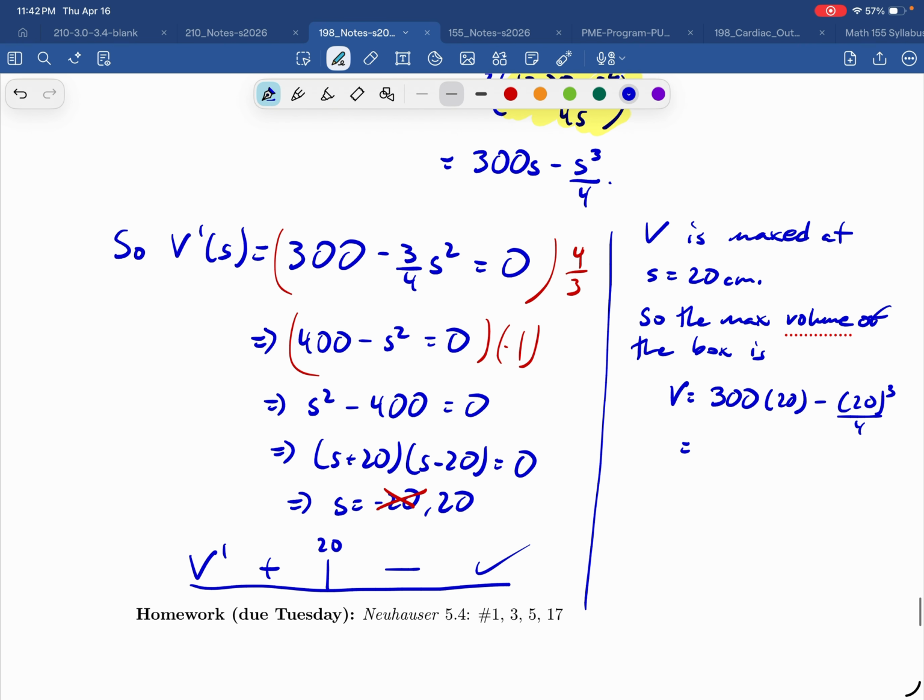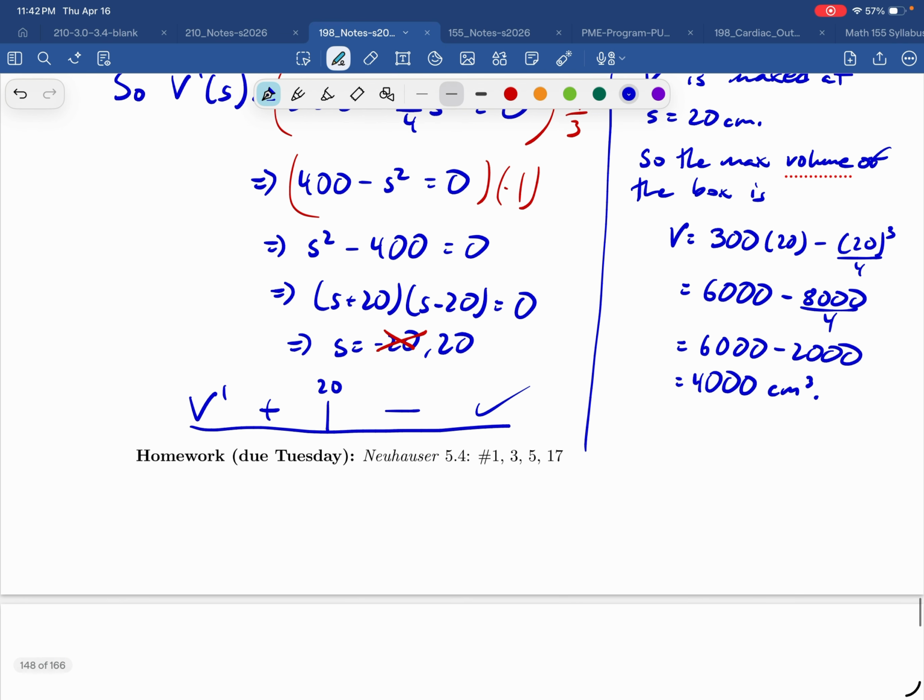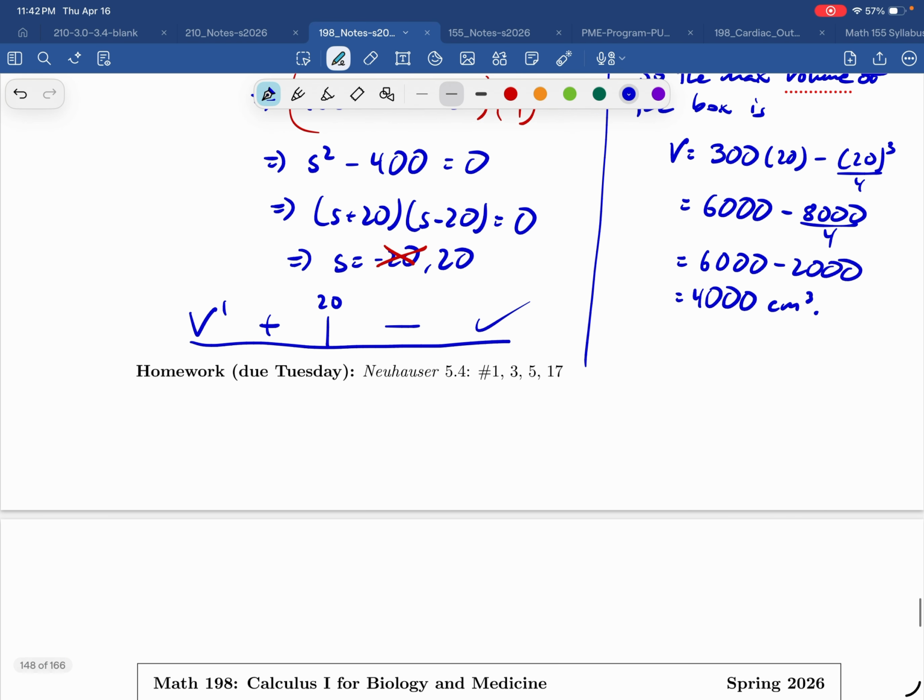And if you simplify this out, you wind up getting 6,000 minus 8,000 over 4. And that's 6,000 minus 2,000. And that equals 4,000. And we should use units. It's going to be centimeters cubed because it's volume. Volume's 3-dimensional. Okay. So we're done with that problem. So that's all for right now.